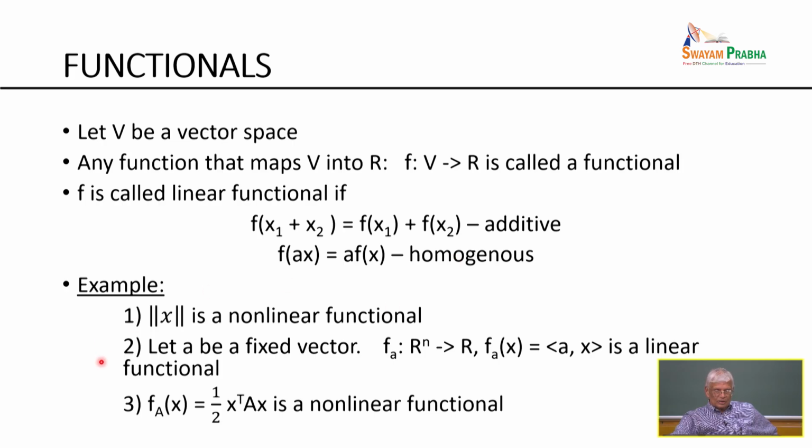That's right. If A is a fixed vector, I can define an inner product f of A of x. Now the inner product of every vector x with A, I am going to define as f subscript A of x, and that's a linear functional.